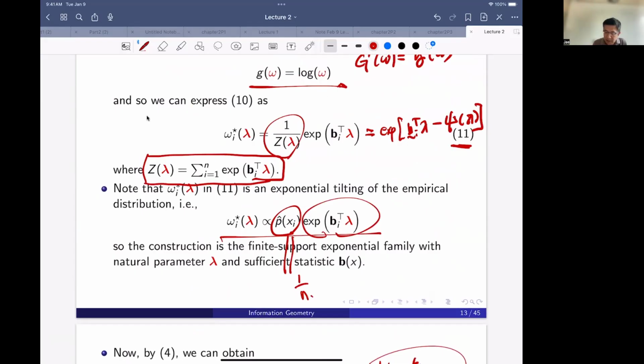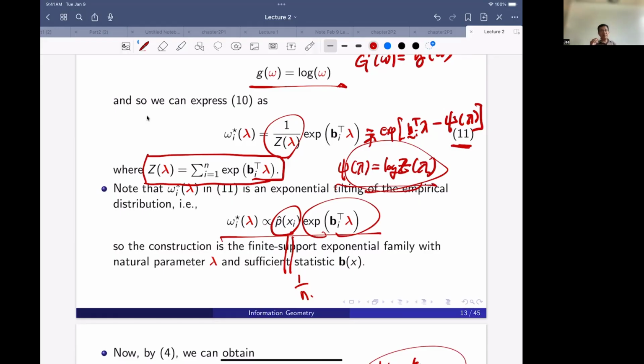So that means psi lambda is log z lambda. And if you define it this way, you will have this form, right?